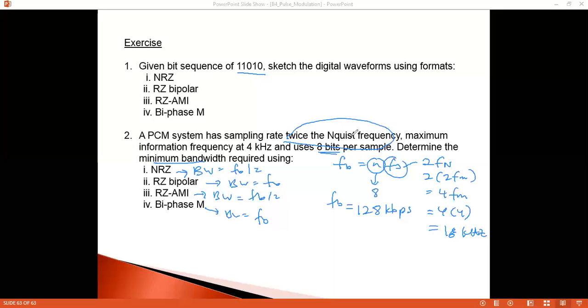Don't forget to answer the review questions and also the reflection inside the e-learning. Since we have finished our PCM chapter, we'll have a quiz at the end of our chapter before we move to the next new chapter.